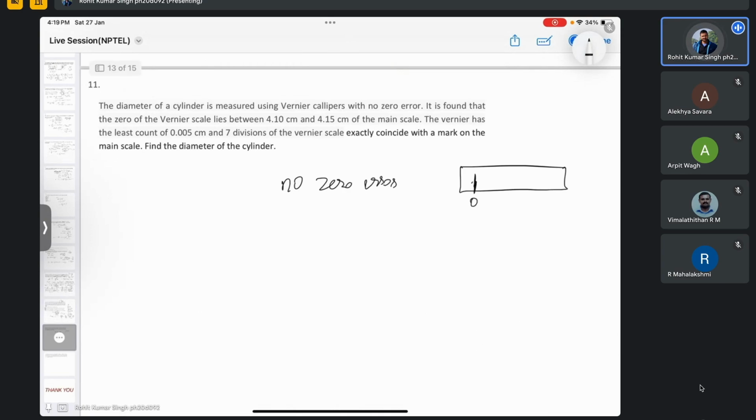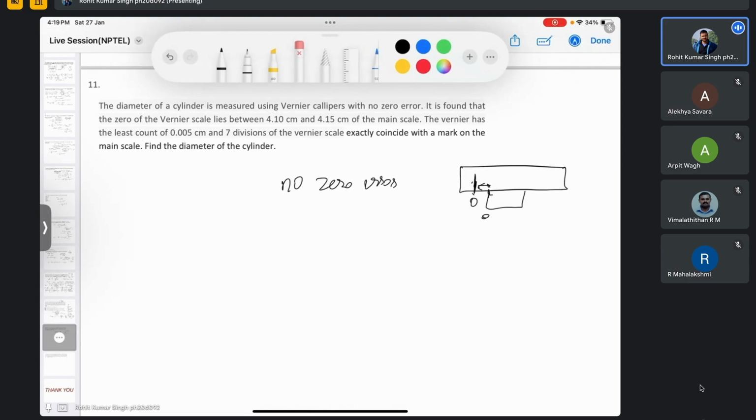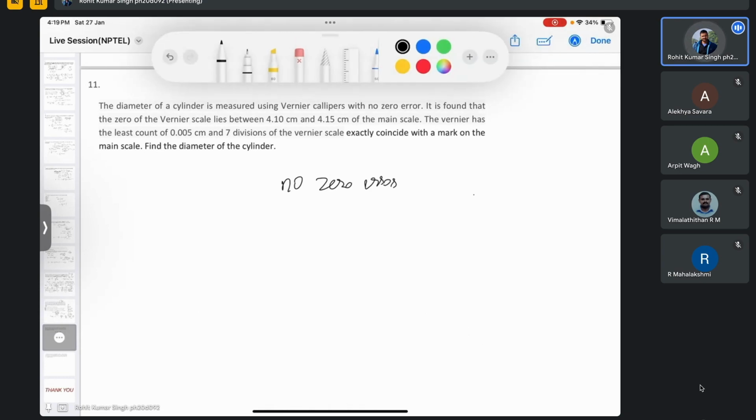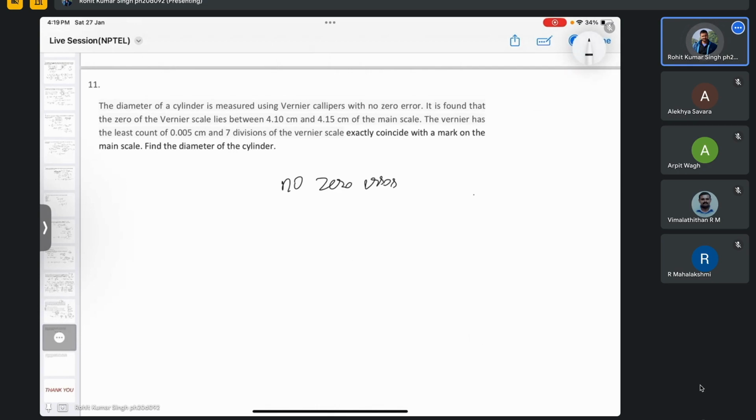Main scale 0 is here, and if the vernier scale 0 is here, then we'll say that it is the offset. Okay, both should coincide initially. If this is not the case, then we'll say there is a positive or negative zero error. Okay, so next question we will see what is positive and negative zero error. But here in this problem there is no zero error. Okay, now what is the question?